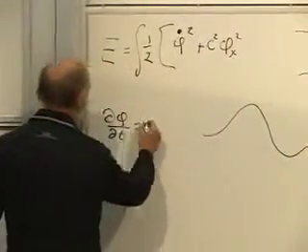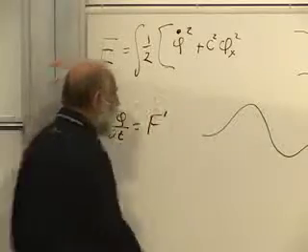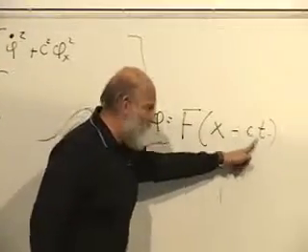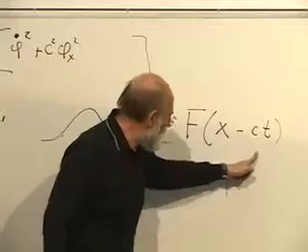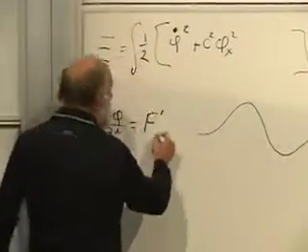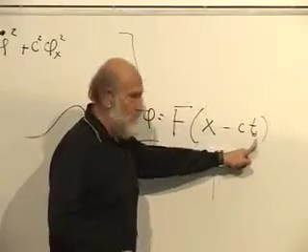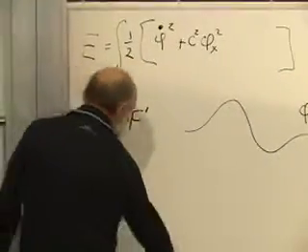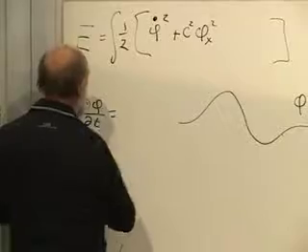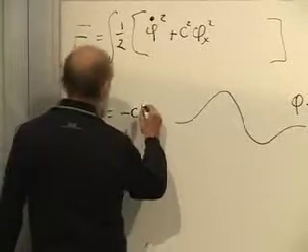Shall we just call that f prime? f prime means the derivative of f with respect to what's inside its argument, times the derivative of the argument with respect to t. That's minus c. So it's minus c times f prime.